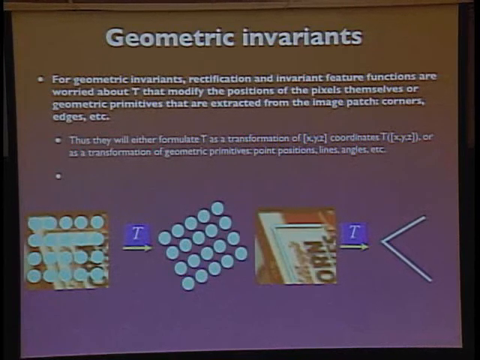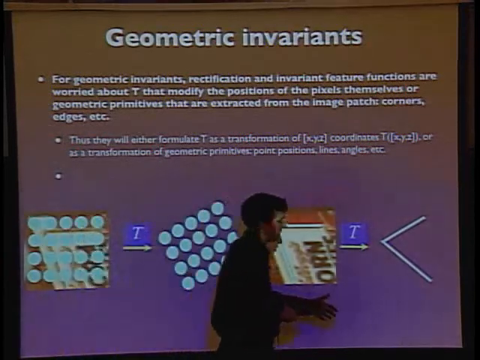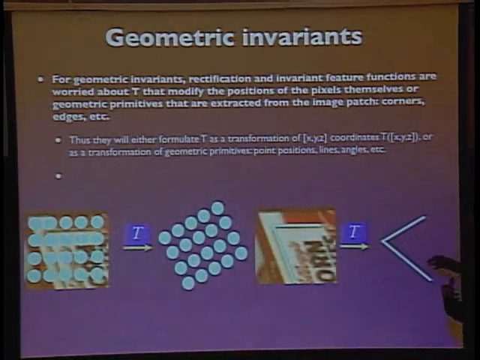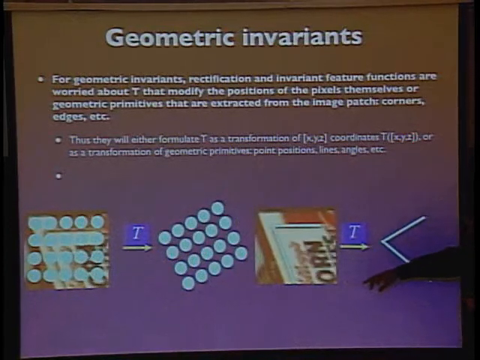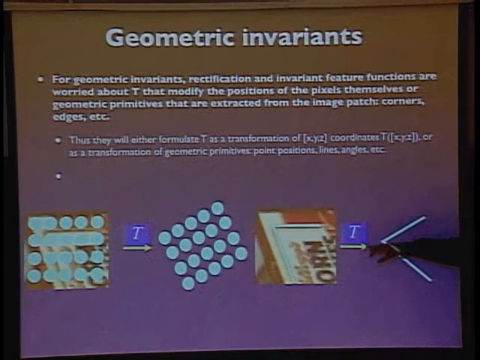So you can either start by thinking about this transformation T as modifying the positions of all points in the interior of your image patch, or you can start by assuming that you extract geometric primitives such as edges and corners from it and see how to undo the transformations to those geometric primitives.